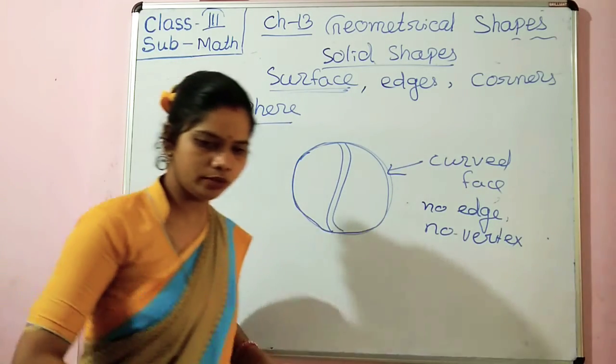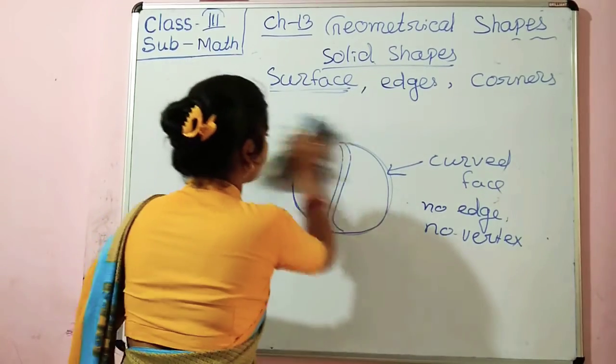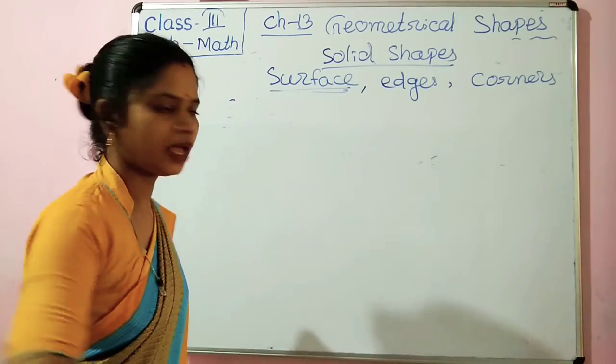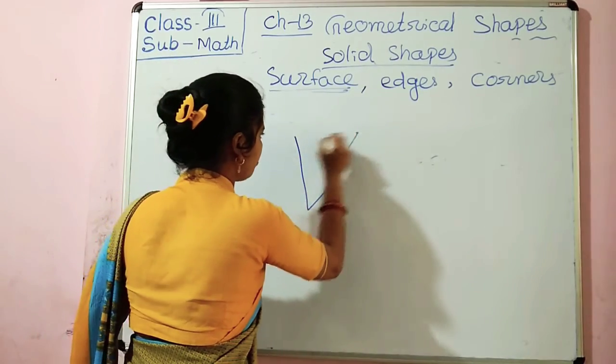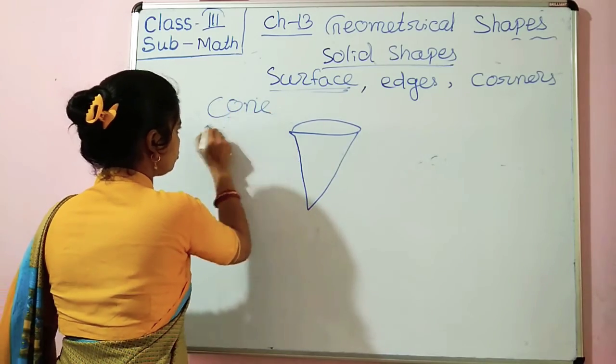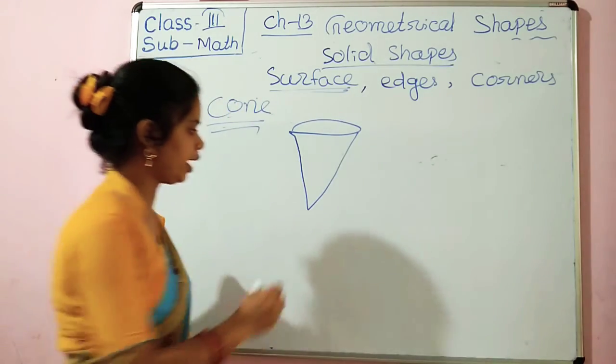Next we have the cone. The example of a cone is your ice cream or birthday cake. It is the cone. Look, here a cone has one vertex.